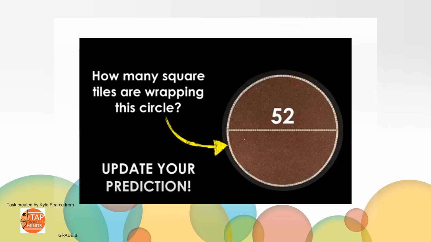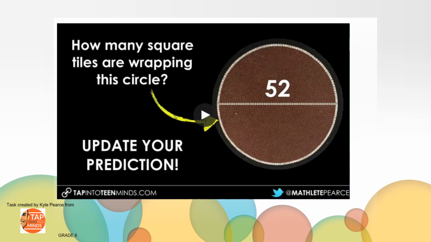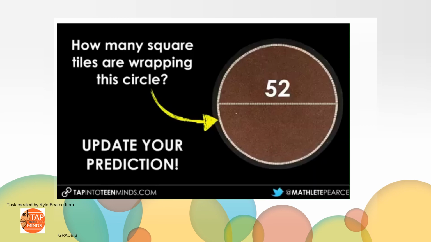We now know that the diameter is 52 tiles. Take a moment to revise your prediction. Remember, the circumference of a circle is a little more than 3 times the diameter. Now that you've revised your prediction, let's take a look at how close your estimate was.